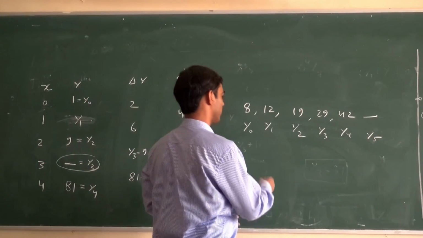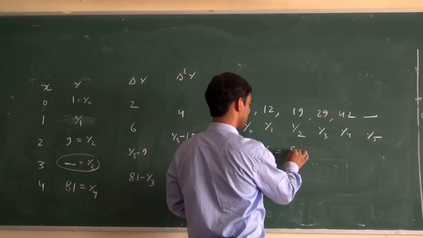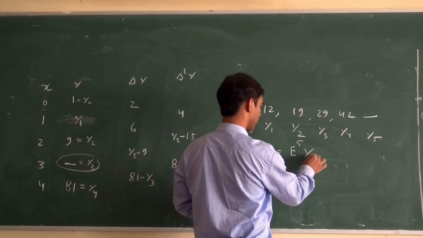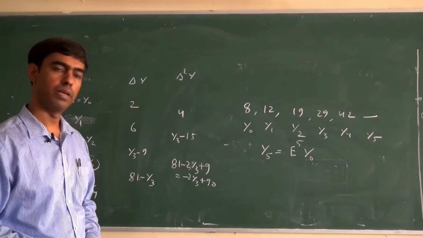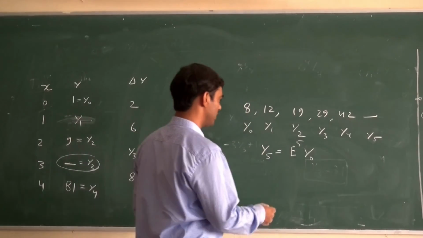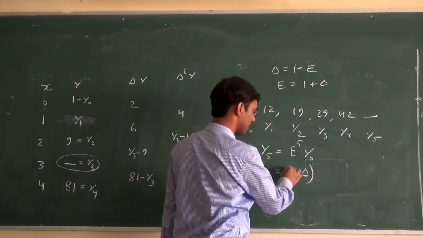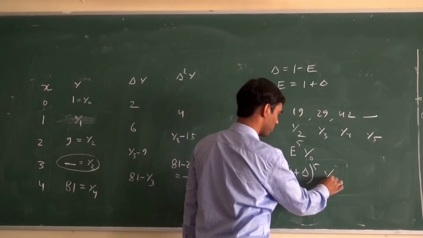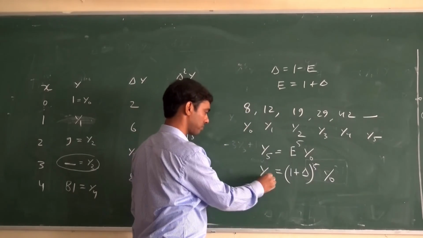So how do we find the value of y5? y5 is E to the power 5 of y0. Now E to the power 5 of y0, and here we write (1 plus delta) to the power 5 of y0. This one is y5.